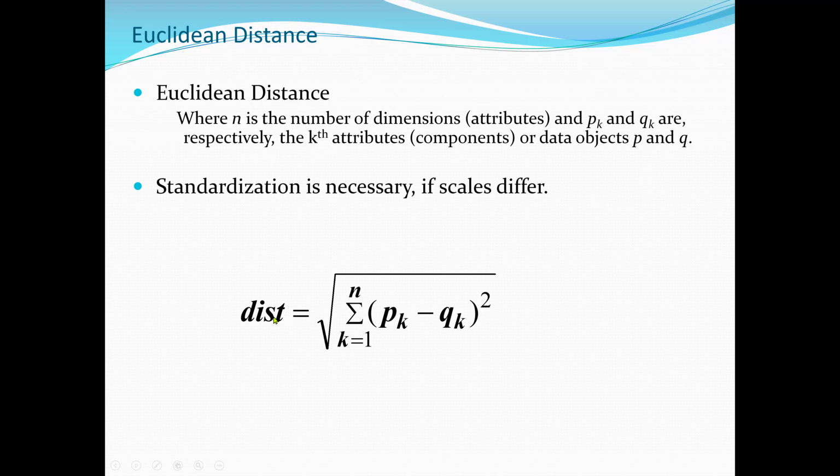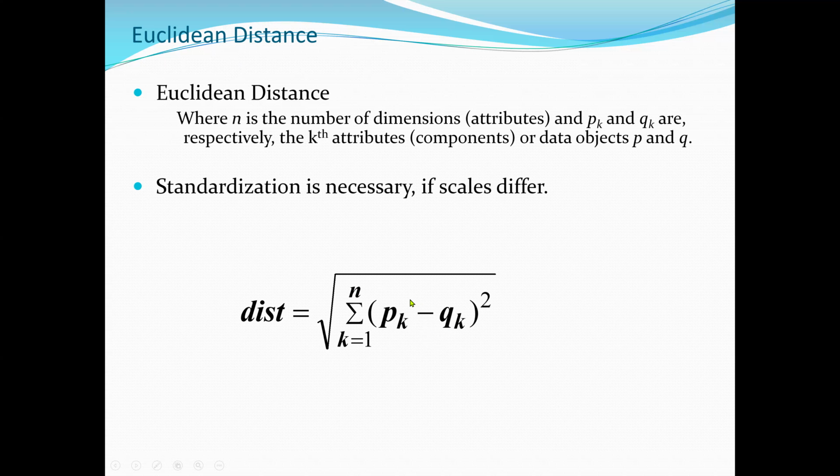Then we have the distance to be the square root of the sum of k from 1 to n. Again, n tells us the number of attributes we have, which we normally call the dimension. So it will be pk minus qk. That's the difference. Here we are assuming we have 2 points, which is 2 attributes.